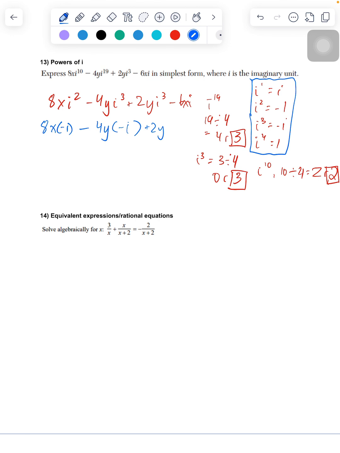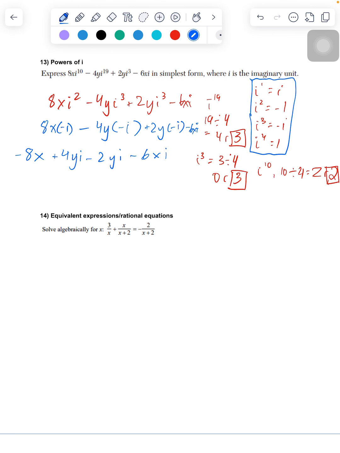Plus 2y, again, i to the 3rd is -i, minus 6xi. All right, so I'm going to have minus 8x, minus negative is positive 4yi, minus negative is minus 2yi, and then minus 6xi.